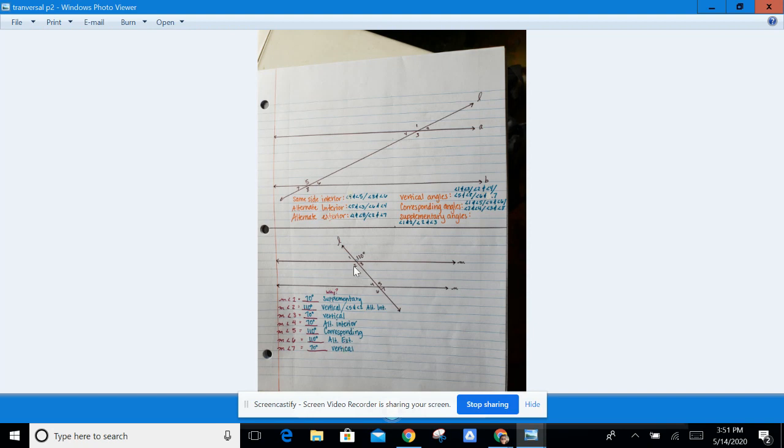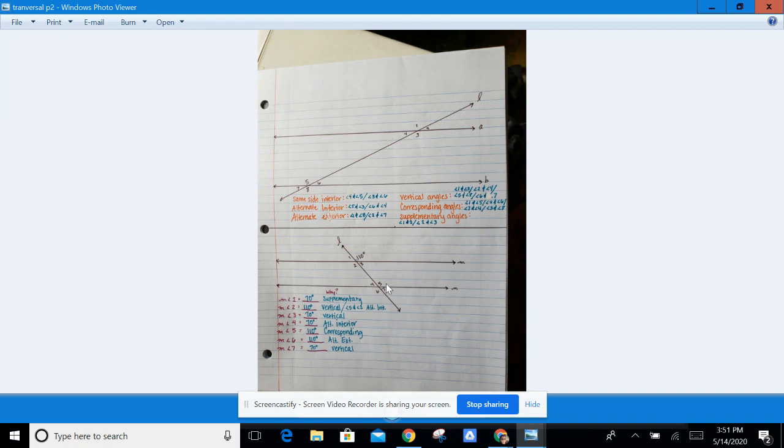And then we went into, what if I told you that one angle is 110 degrees? You only need one angle measure to tell what all the other angle measures are. If I know what this angle is, I also know 2, because 2 is 110 as well.